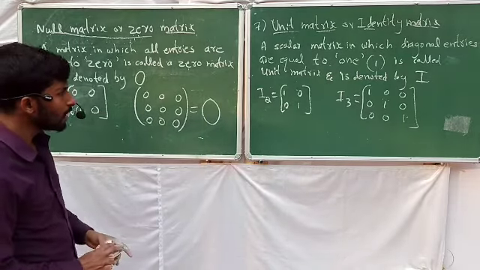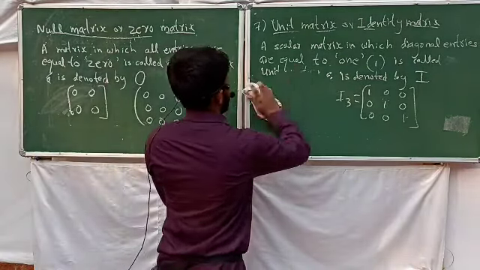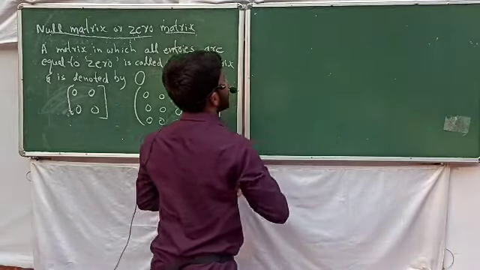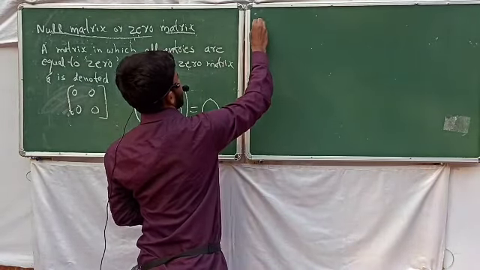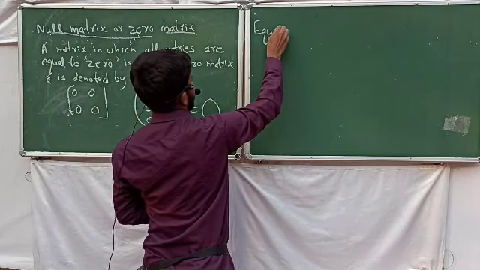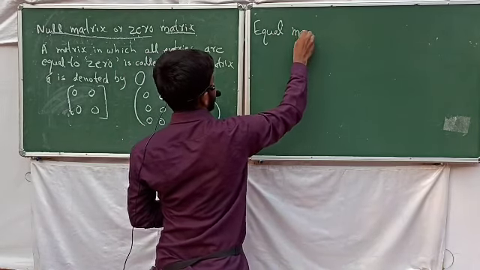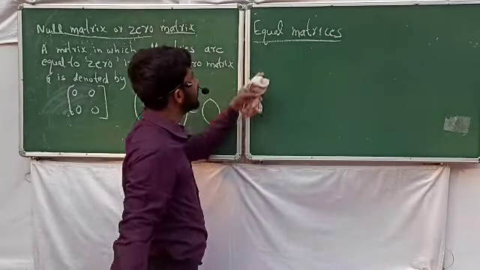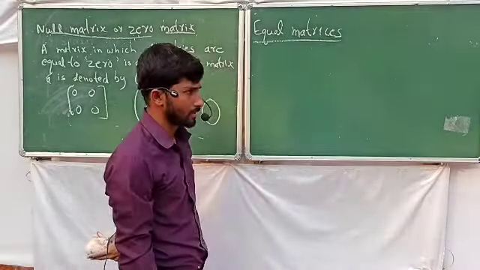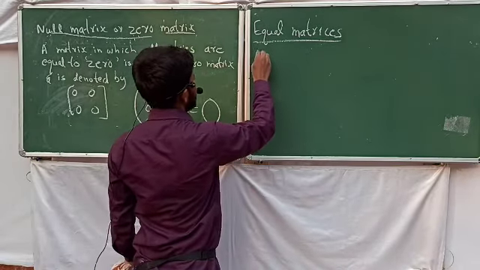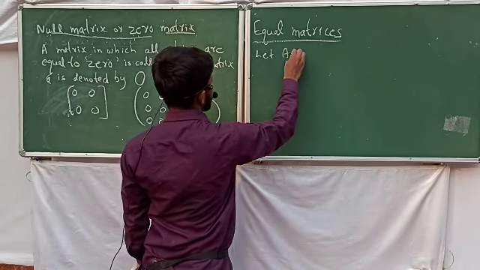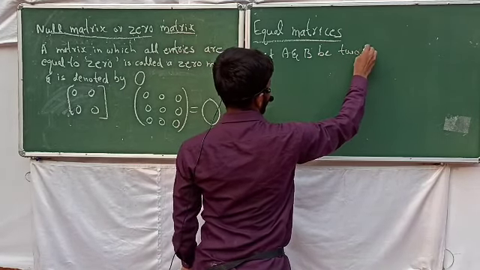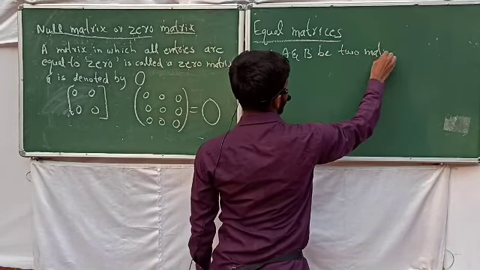Now the next concept is equal matrices. The name itself says equal matrices. Suppose let A and B be two matrices. I am considering two matrices.